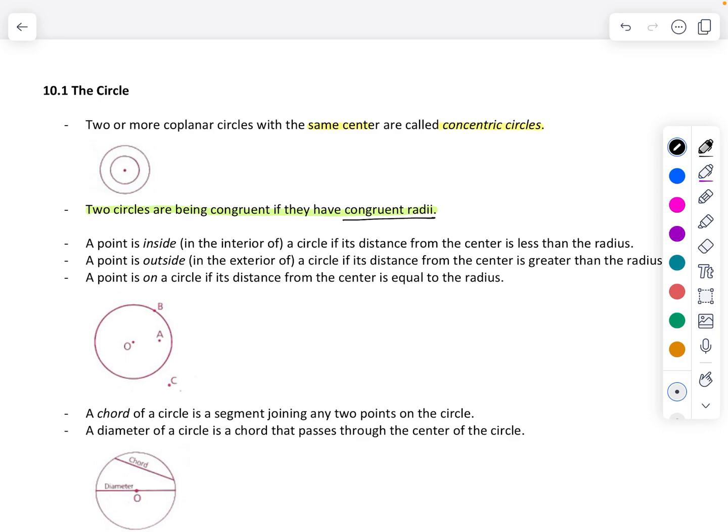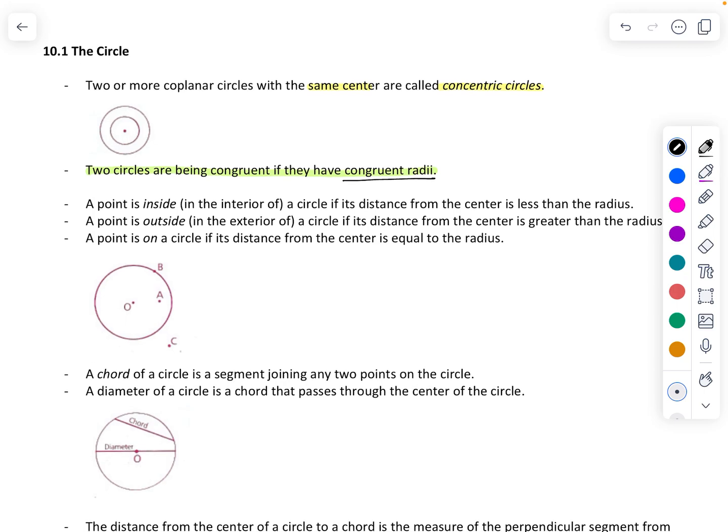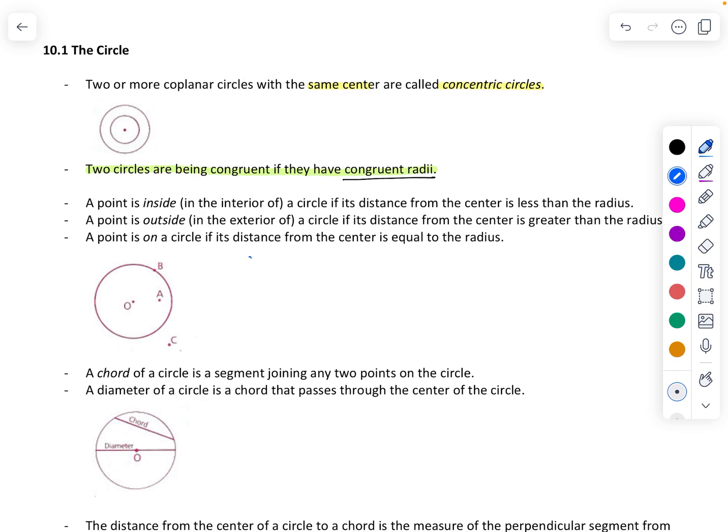So on our picture here, we have some identification. O on our picture refers to the center of that circle. A on our picture would be located inside the circle.